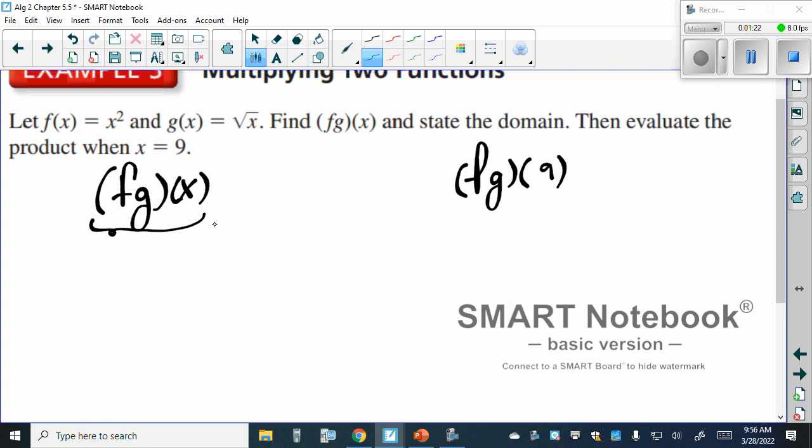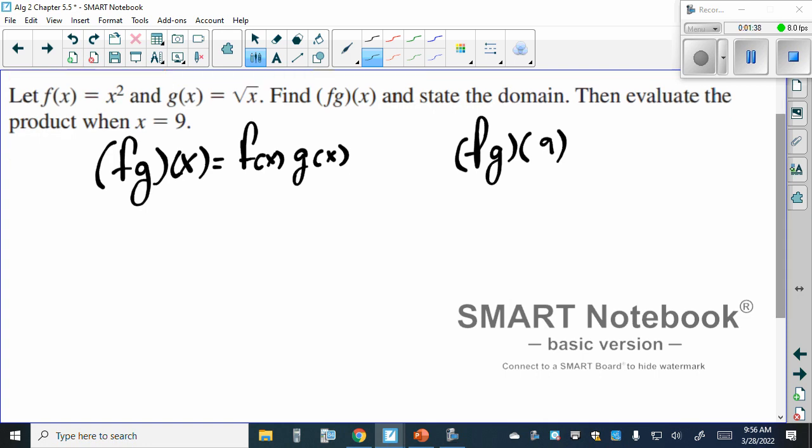This is just a shorthand abbreviation of saying that we have f of x times the function g of x. We're just multiplying those two functions together. So f times g of x is the same as saying f of x times g of x.